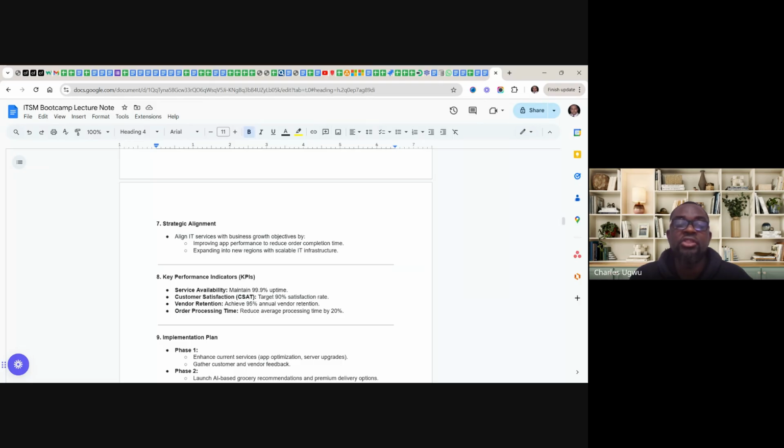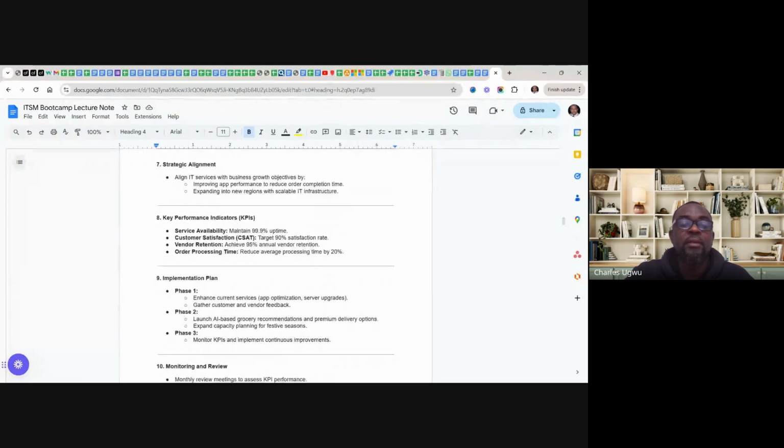Customer satisfaction: target a 90% satisfaction rate. Vendor retention: 95% annual retention. We don't want to lose our vendors. Order processing time: reduce average processing time by 20%. So this is the KPI we need.